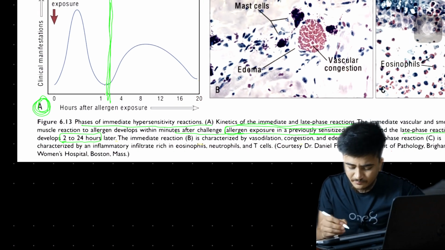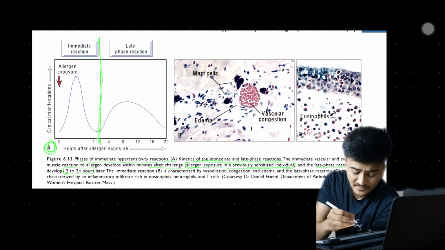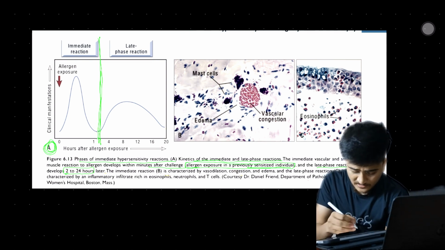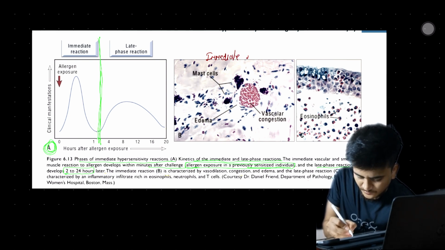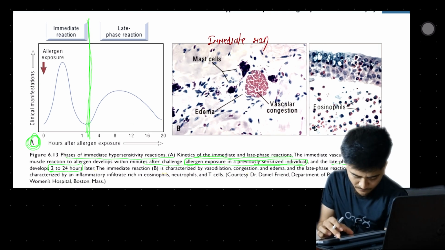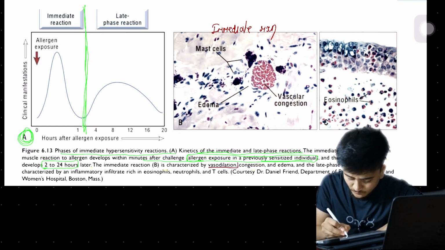Now look at diagram B, the diagram of the immediate reaction. In the immediate reaction, we can see there will be vasodilation, as we have already said, and vascular congestion.